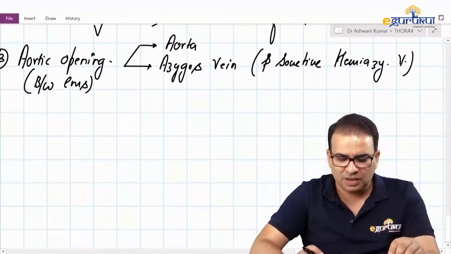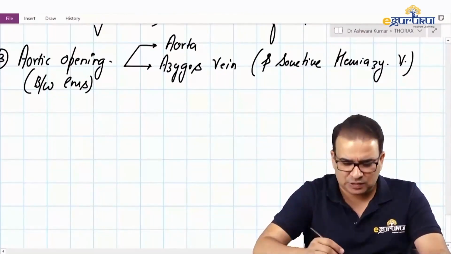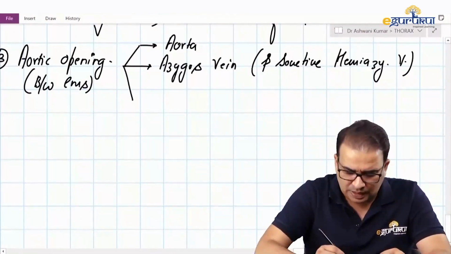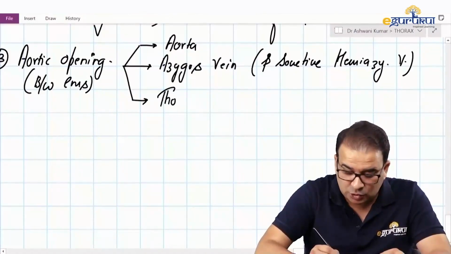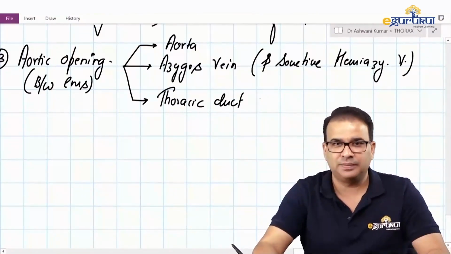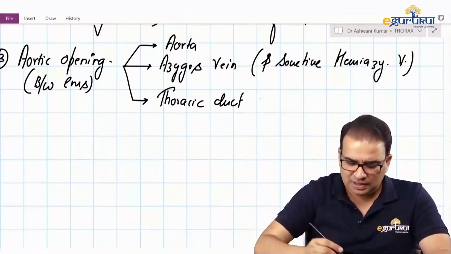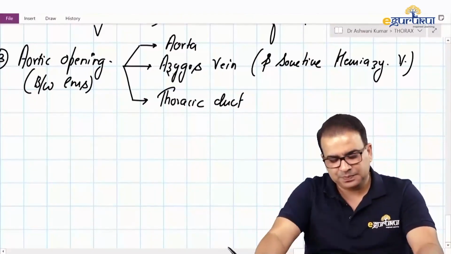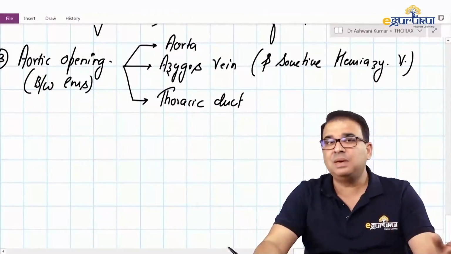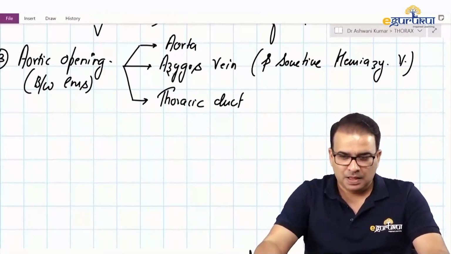Hemiazygous is a different opening. So it gives passage to azygous vein, but sometimes to hemiazygous also. And number 3, it is giving passage to the thoracic duct. That largest lymphatic duct we're talking about, the thoracic duct, is also going through it here. We'll be discussing all these, aorta, azygous, thoracic duct, everything in detail subsequently in the thorax part. So these are the 3 major openings here: the aortic, the esophageal, and the vena caval.